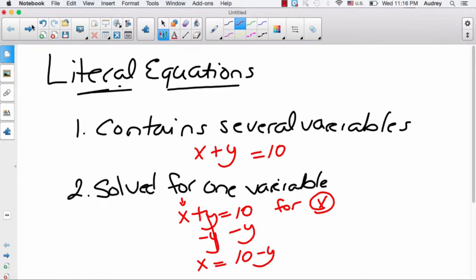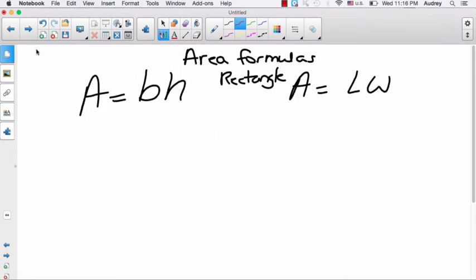Okay, so now, let's practice this a little bit with two easy formulas. Now, these are two area formulas, and it's specifically for a rectangle, okay? Remember, it's the same exact formula. We just use two different variables. For instance, this one says A equals B times H, which is base times height. And this is area equals length times width. It's the same thing.